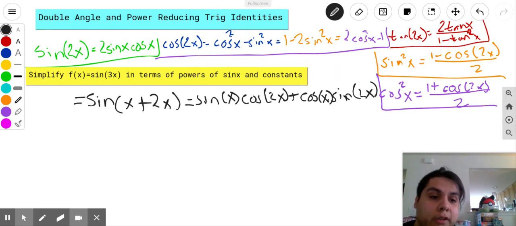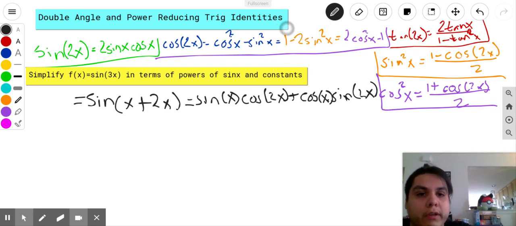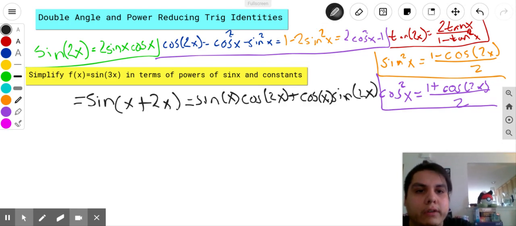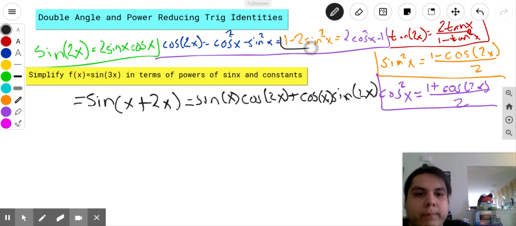And if I look at the cosine of 2x, I have 3 different variations. Because the question is asking me to write it all in terms of sine of x, I'm going to opt for this orange one here, right?